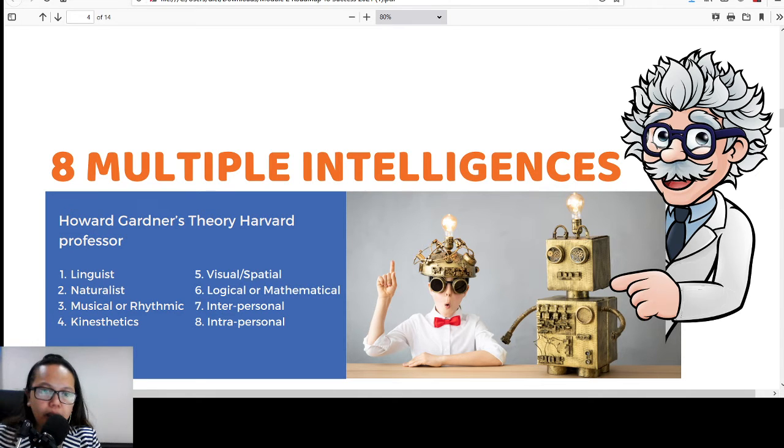Then we have the kinesthetic. Those who have high bodily kinesthetic intelligence are said to be good at body movement, performing actions, and physical control. People who are strong in this area tend to have excellent hand and eye coordination and dexterity. For the strengths, they are into physical movement and motor control.